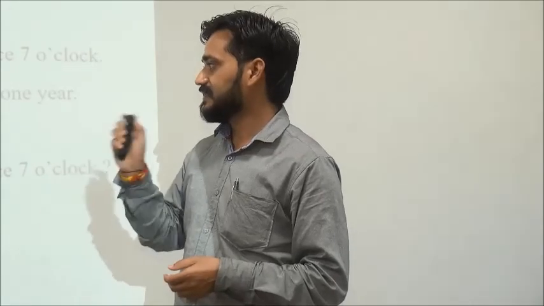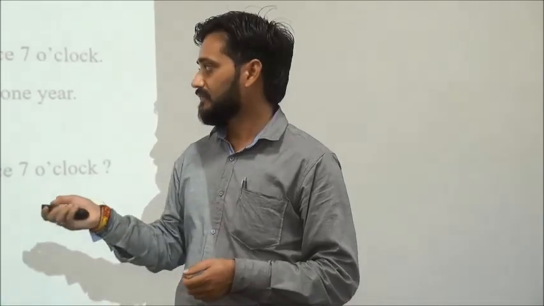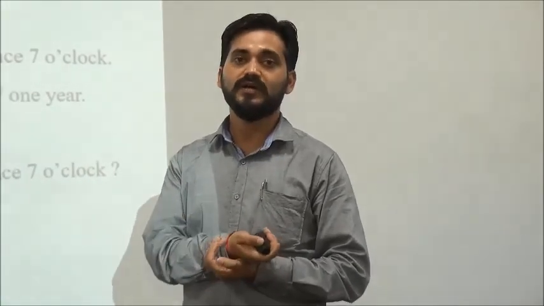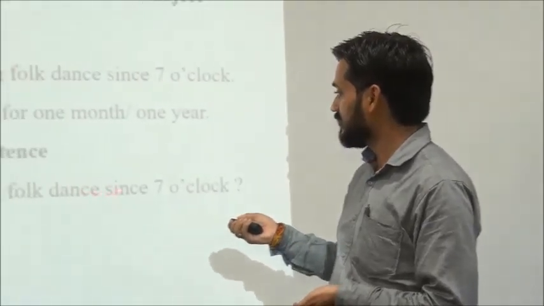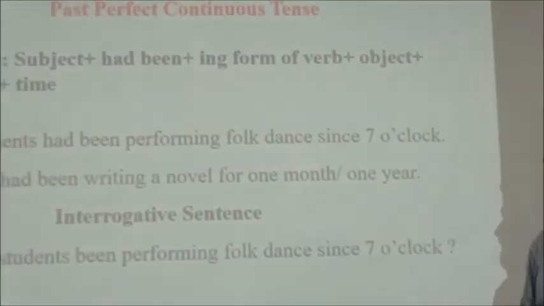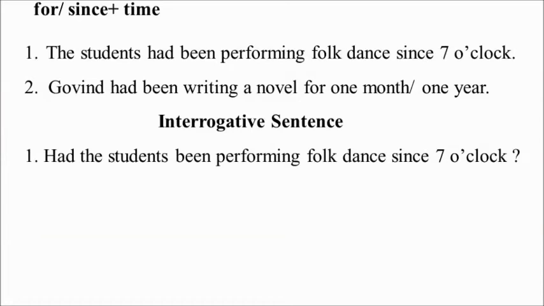And the last sentence is in the form of interrogation when you have to ask a question. That is, had the student been performing folk dance since 7 o'clock? It means had is used as the helping verb, the student is the subject, been, after that performing is the ing form of the verb, folk dance is the object, since 7 o'clock is the mention of time, that is a point of time.